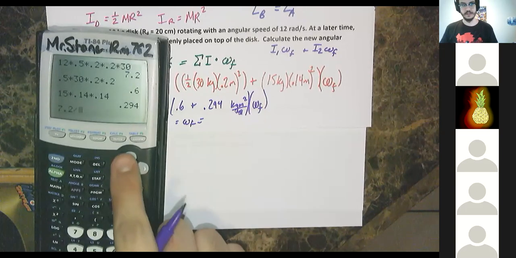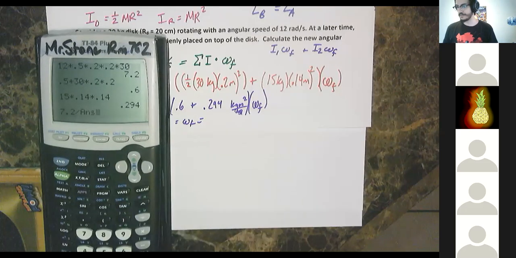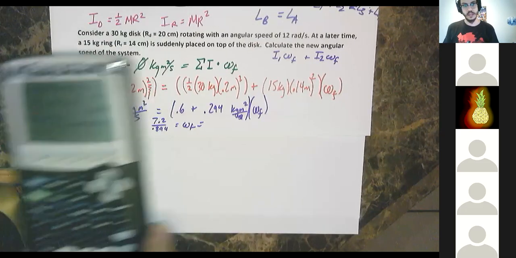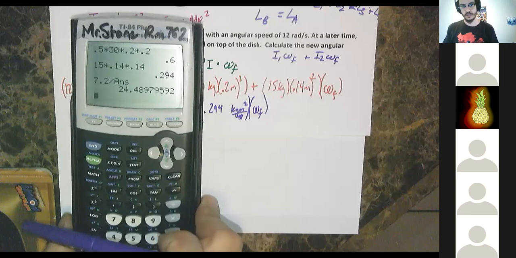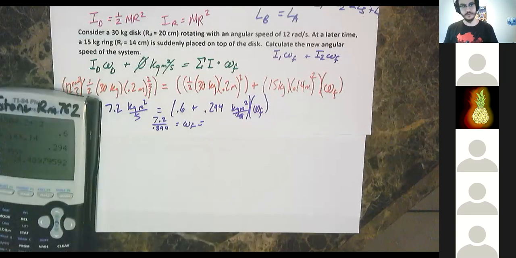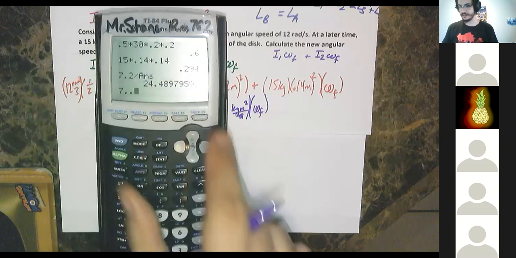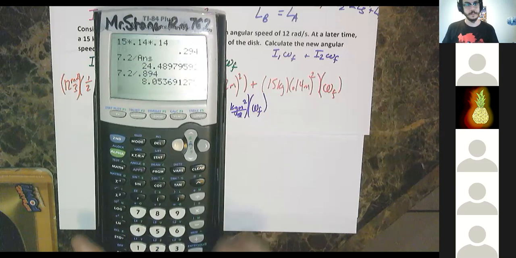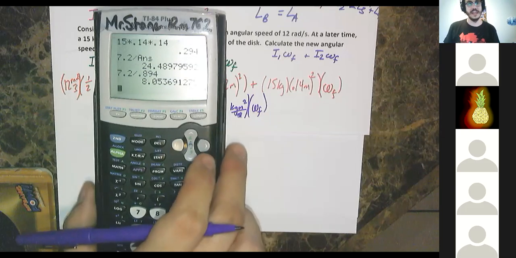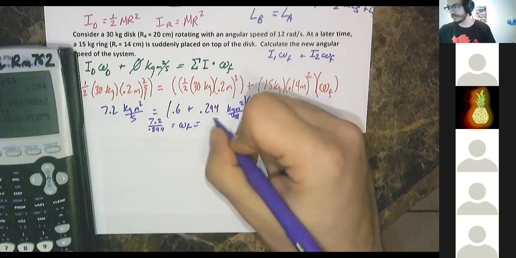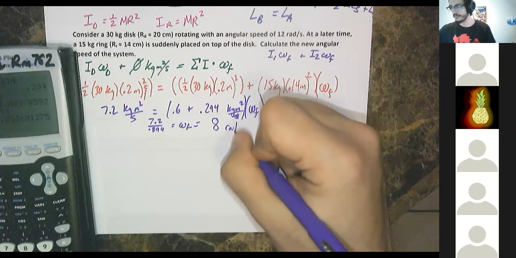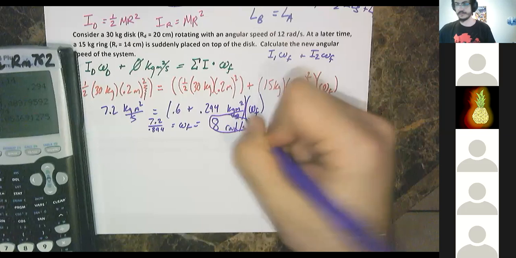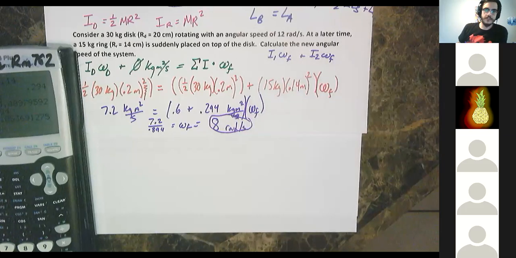Oh, wait, I screwed that up. I added them off the calculator. 7.2 divided by 0.894. Oh, that makes way more sense. 8 radians per second. So it slows down from 12 to 8.